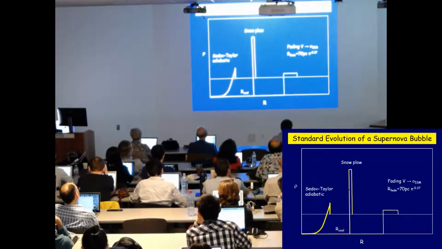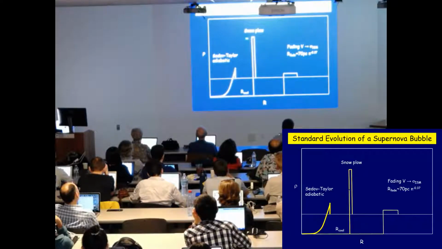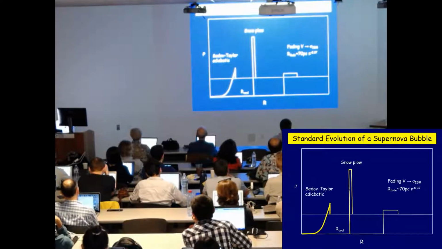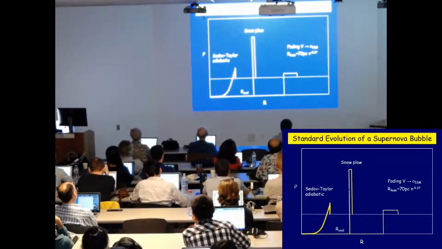And then you have a fading procedure, where this slows down, loses momentum and energy, until its velocity outwards reaches a typical ISM dispersion velocity or temperature. It turns out that this fading radius is around 70 parsecs for a single supernova, and depends on the number density in the way I promised you.